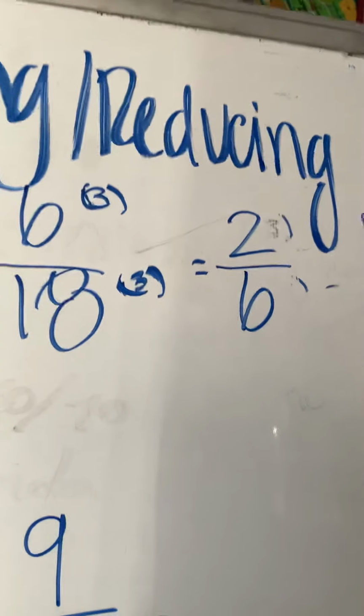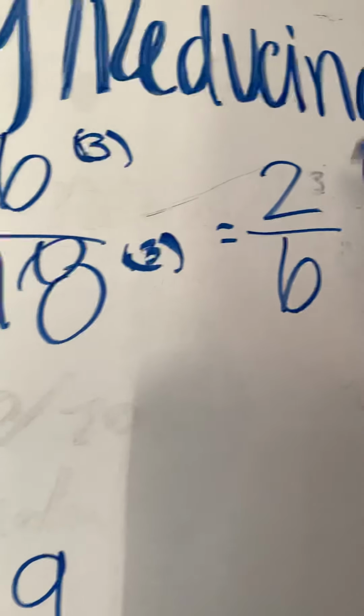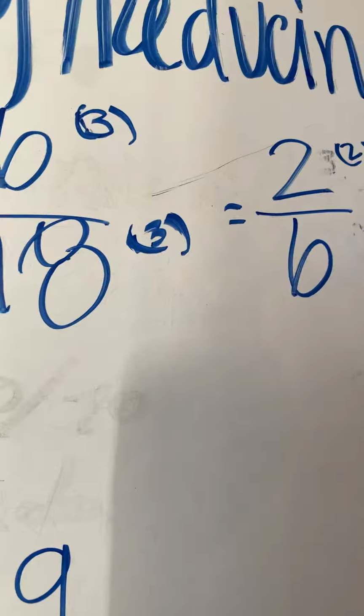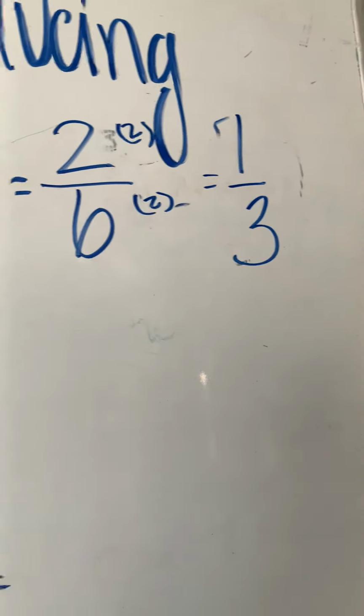You get 2/6, but then wait a minute. Something can go into both 2 and 6. 2 can go into 2 and 2 can go into 6. That would give me 1/3 again.